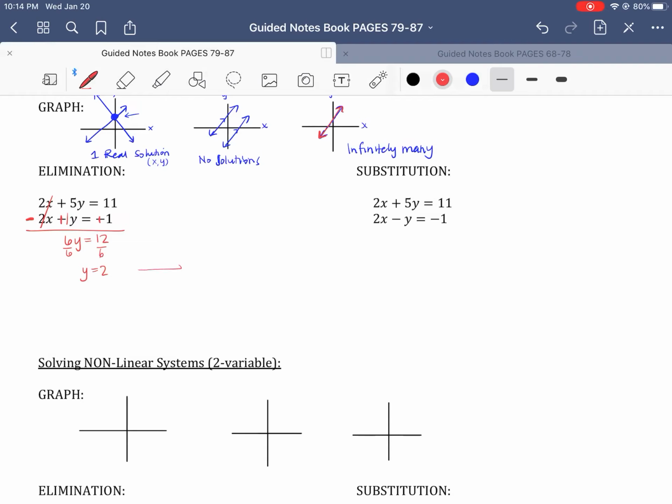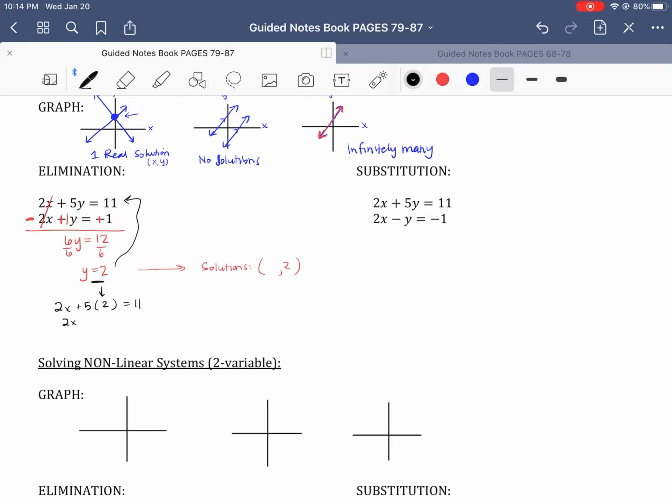Okay. Now remember, in our solution, or in other words, the point where they intersect, we're saying that y is equal to 2. You still need to find the x value to represent the full solution. So to find the x value, you just take your y value and you plug it into either equation. So if we come up here, let's say we just plug it into that original equation, 2x plus 5, and then remember, you just found the y value of 2, so we substitute that in, is equal to 11.